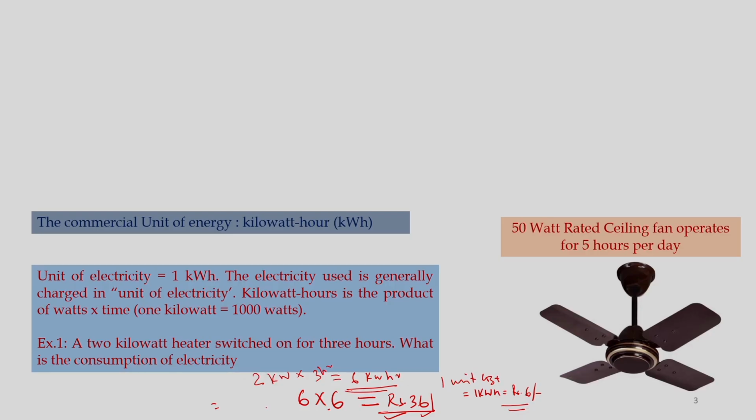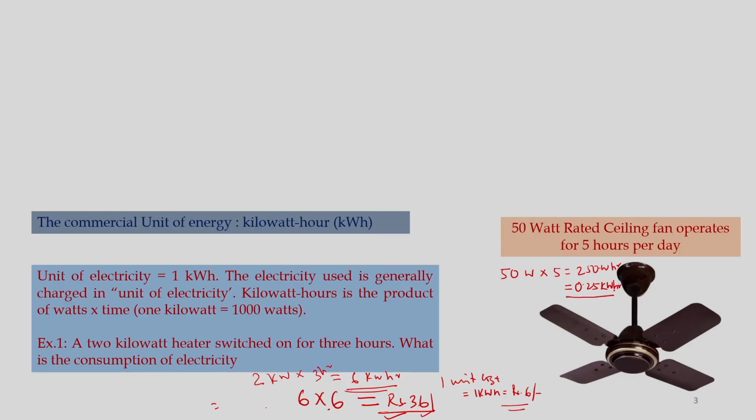If we take one more example, say a 50 watt rated ceiling fan operates for 5 hours per day, then what will be the electricity consumption? Straight away you can calculate 50 watt multiplied by 5 hours, it will be 250 watt hour. If we have to convert to kilowatt hour, then it will be 0.25 kilowatt hour.